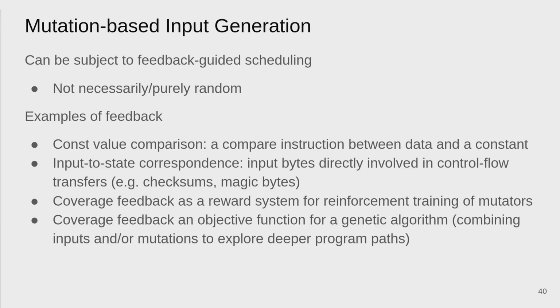Coverage feedback as a reward system, and coverage feedback as an objective for a genetic algorithm. So there's different kinds of optimizations for feedback to tailor and steer fuzzing towards certain areas. So using just mutation, you can improve the exploration quite a bit without actually having to develop full grammars.